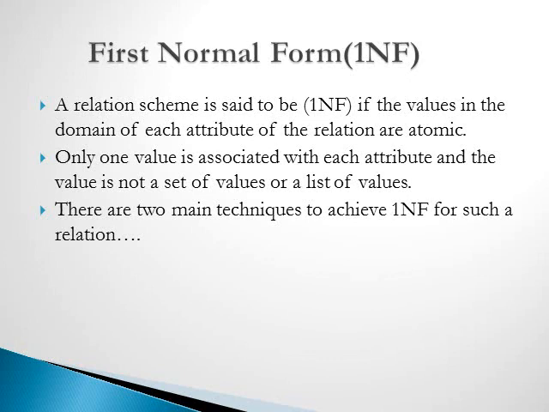1NF. A relation schema is said to be in 1NF if the values of each domain are atomic, meaning only one value is associated with each attribute. We will continue the same example, relation department. There are two main techniques to achieve 1NF for such a relation.